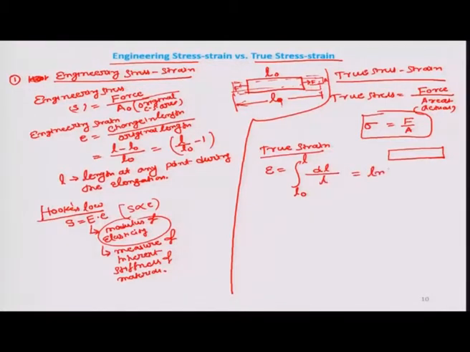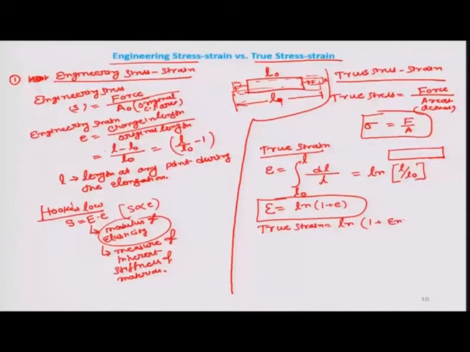If you solve, it is log of L by L naught. If we substitute the value of L naught from here, what will happen? 1 plus e. This is the relation between true strain and engineering strain. Means true strain is equal to ln of 1 plus engineering strain.